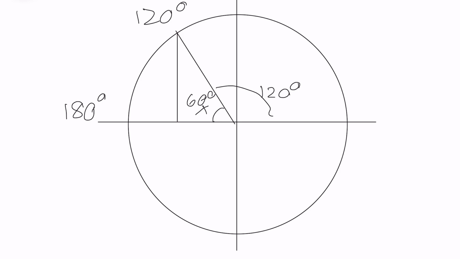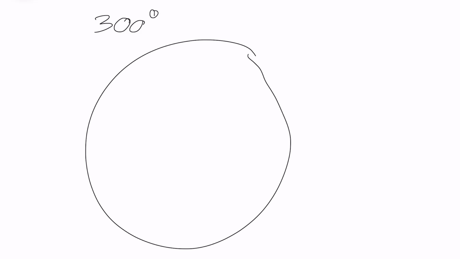So let's try a few examples. What is the reference angle of 300 degrees? So in a circle, 300 degrees would be roughly around over here.